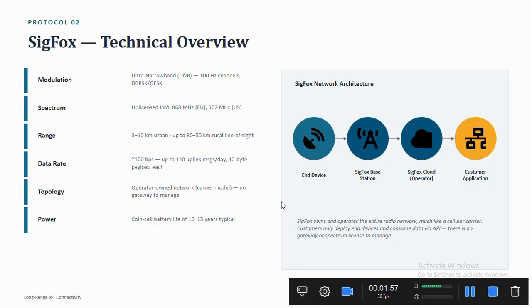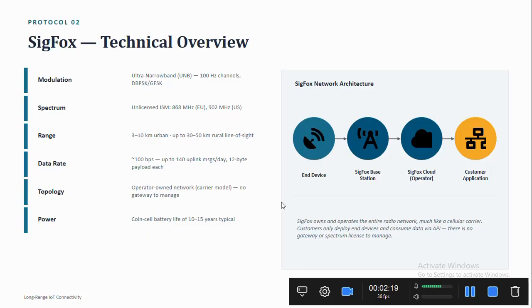And the data rate is around 100 bits per second, with up to 140 uplink messages per day with 12 bytes of payload each. And this payload gives, more importantly, a good data rate.